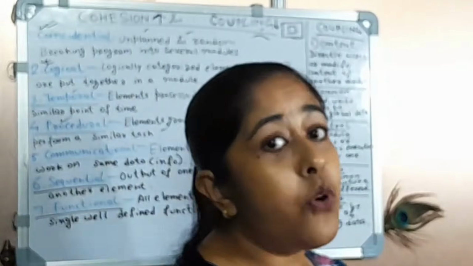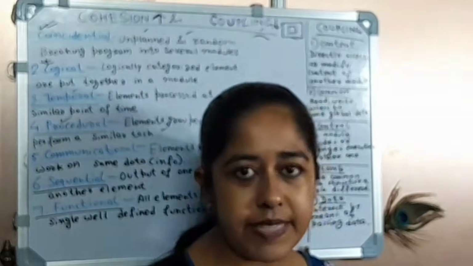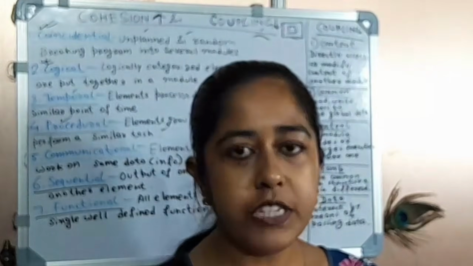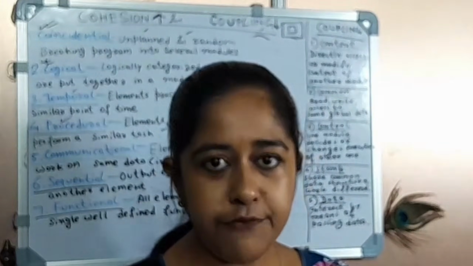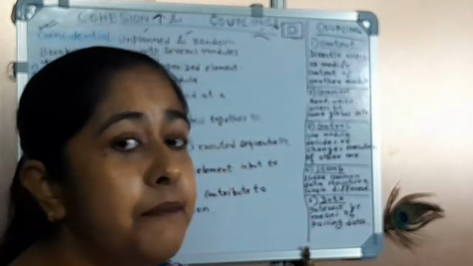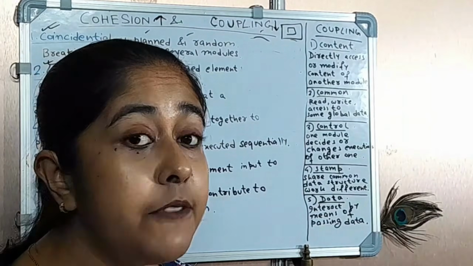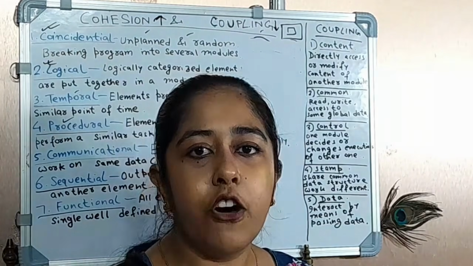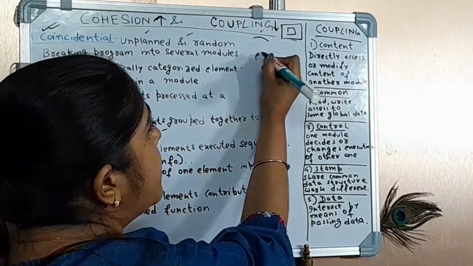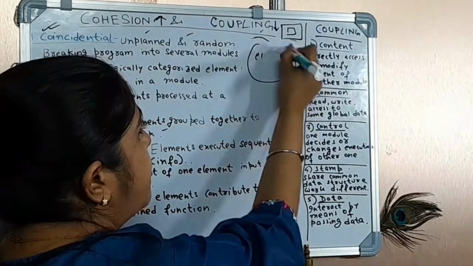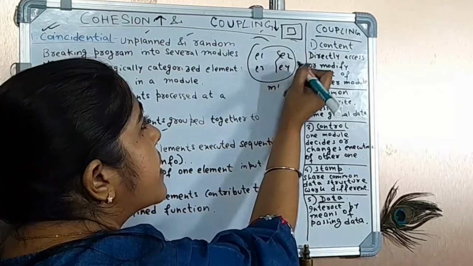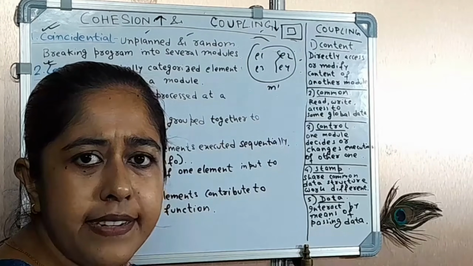Maybe their work is different, as we have seen in temporal, the same instant of time, and in procedural, the same work, the same function. Now maybe their functions are different, but they are working on the same data or information. Suppose E1, E2 are inside a module M1, and E3, E4 are doing another task.